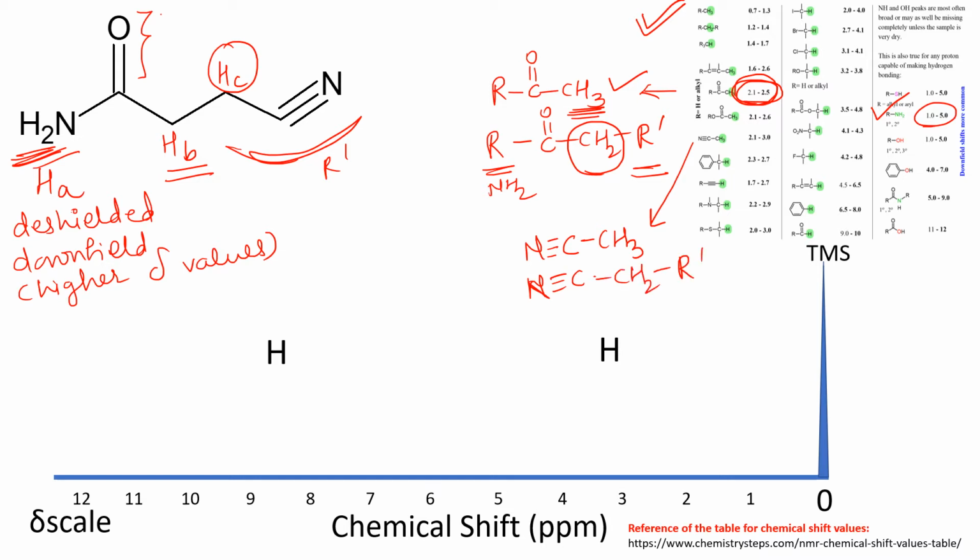Since there is one more alkyl group adjacent in our structure, these two protons will be deshielded and thus appear downfield at higher delta values. So this is HA appearing here, then HB appearing here, and then HC appearing here. This was all about the position of signals.